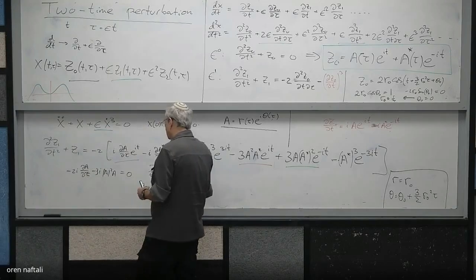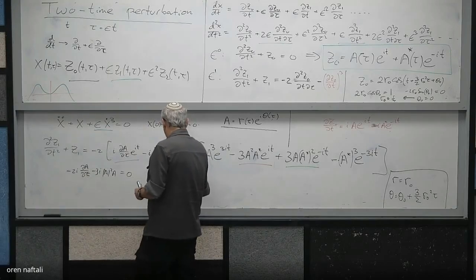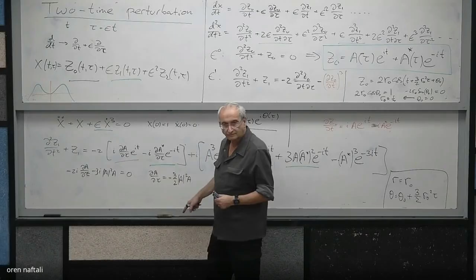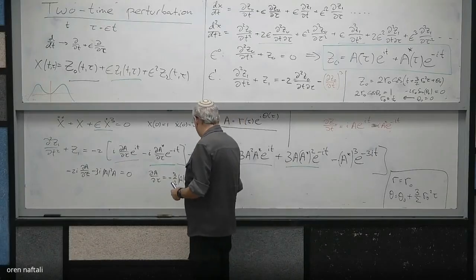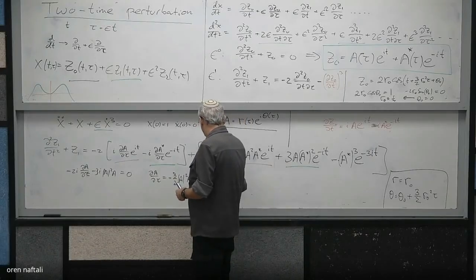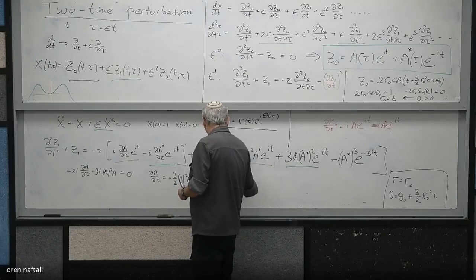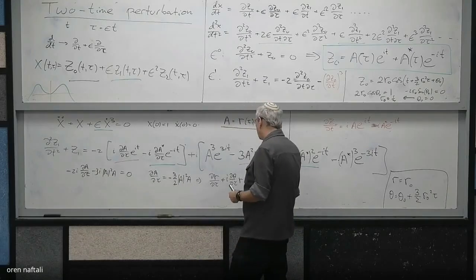is minus 3/2 |a|^2 a, which implies that dr/dtau plus i dtheta/dtau r equals minus 3/2 times r cubed.